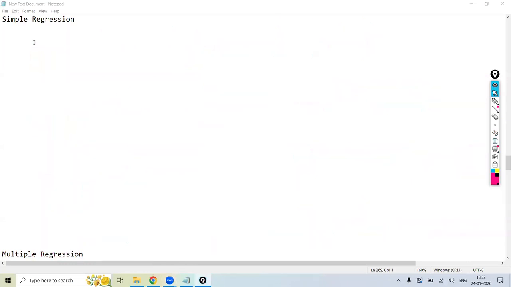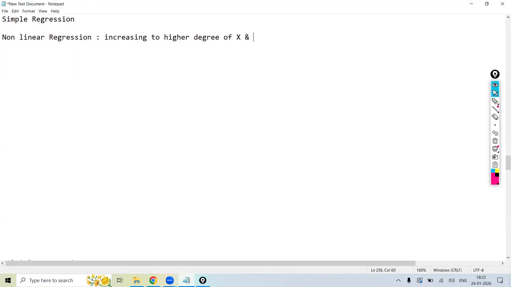Everyone make a note of this. What is the meaning of non-linear regression? It means increasing to higher degree of x and applying linear regression.